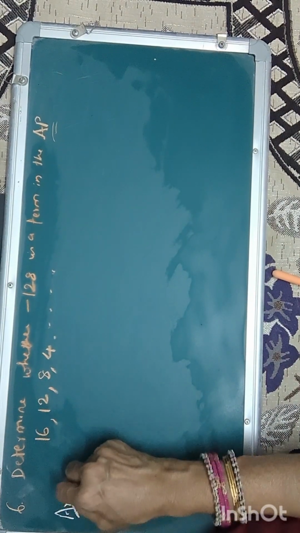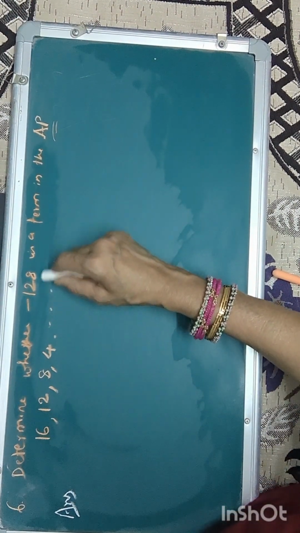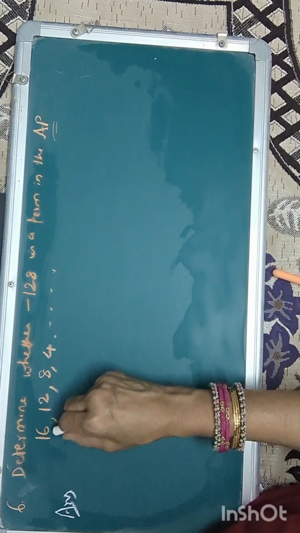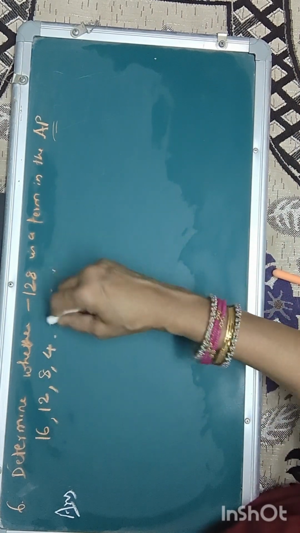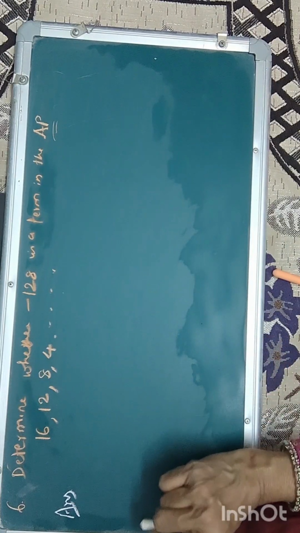This 16, 12, 8, 4 is an arithmetic progression. We have to determine whether minus 128 is a term of it or not.